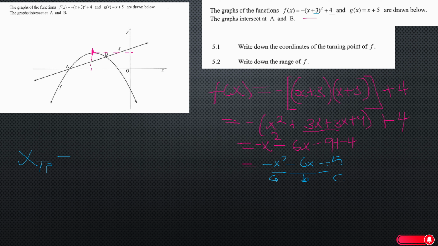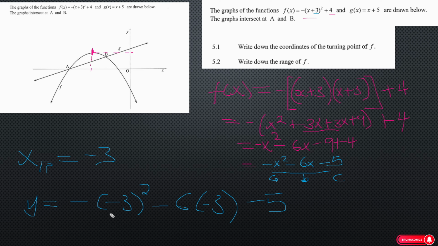So I'm going to erase that part and say that this is equal to negative 3. And then the other one, which is y, then y, I would really love to change this into positives, but nevertheless, y is equal to negative into negative 3 squared minus 6 into negative 3, and then minus 5.